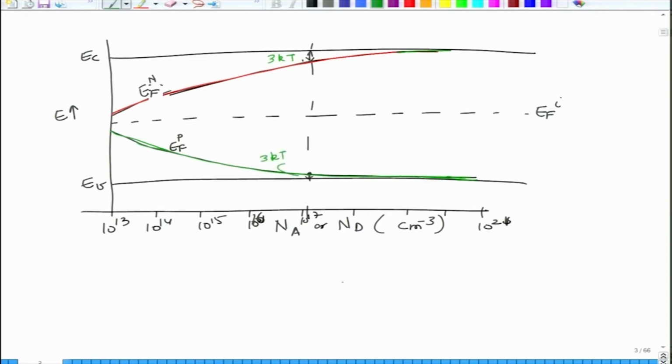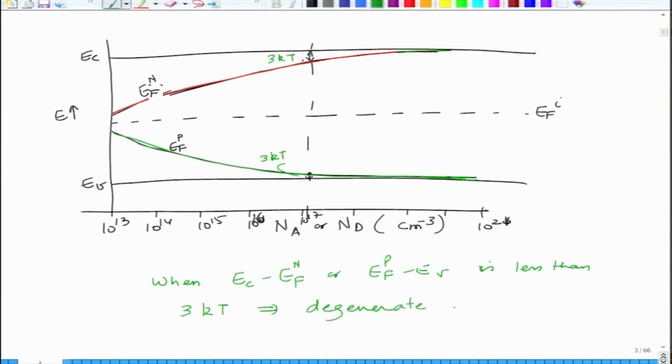So, when the gap is smaller than 3 kT, that is, when EC minus EFN or EFP minus EV is less than 3 kT, then the semiconductor is called a degenerate semiconductor.